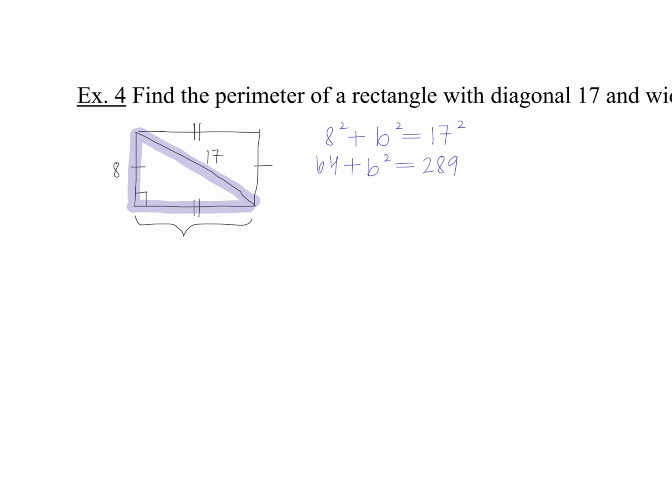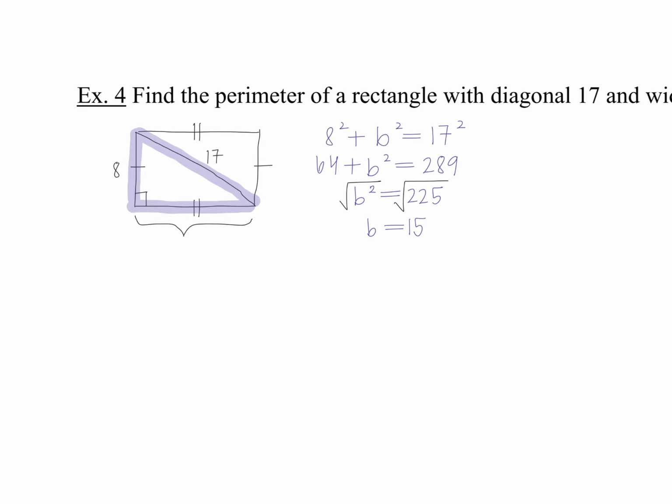When I subtract that 64 from the 289, I'm going to be left with 225. And so when I take the square root, I get that my b is equal to 15.